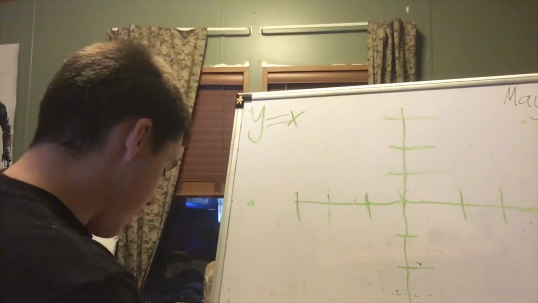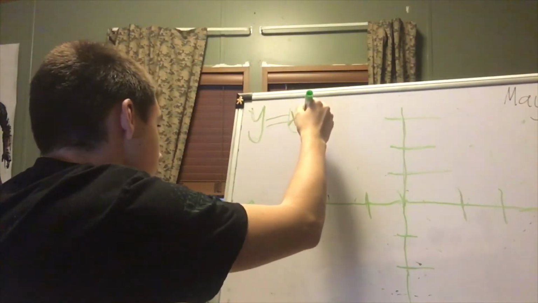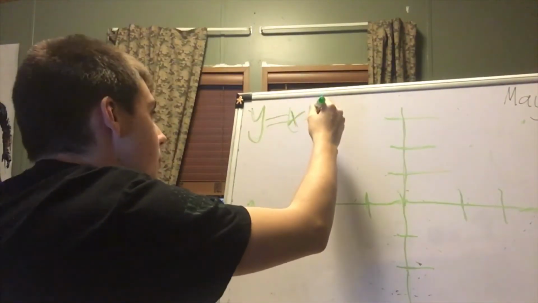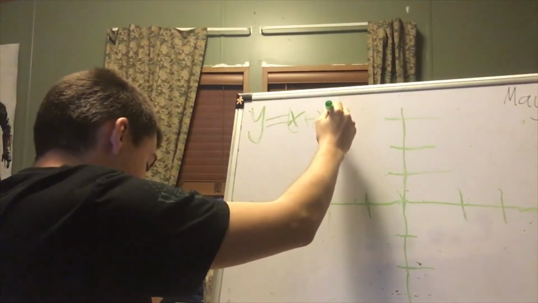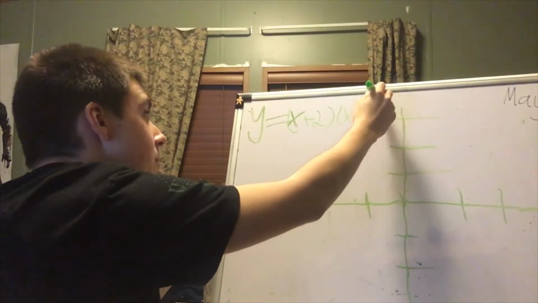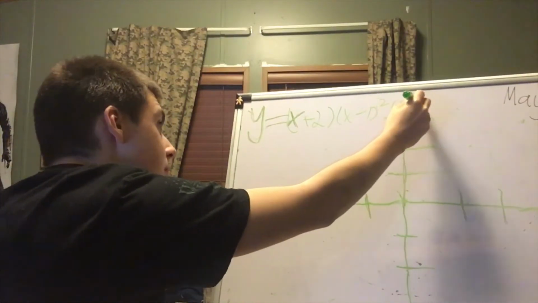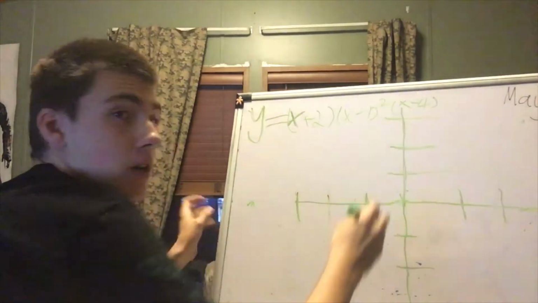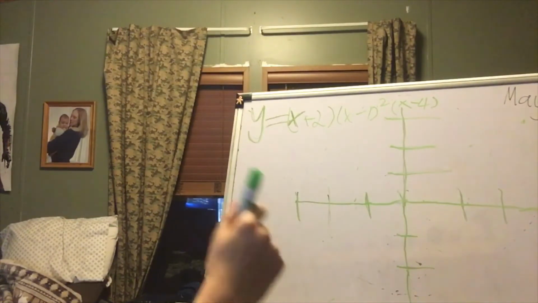I'm going to make it y equals parentheses x plus 2, x minus 1 squared, and then x minus 4. Write that down if you want to, considering this will be hard to explain later.